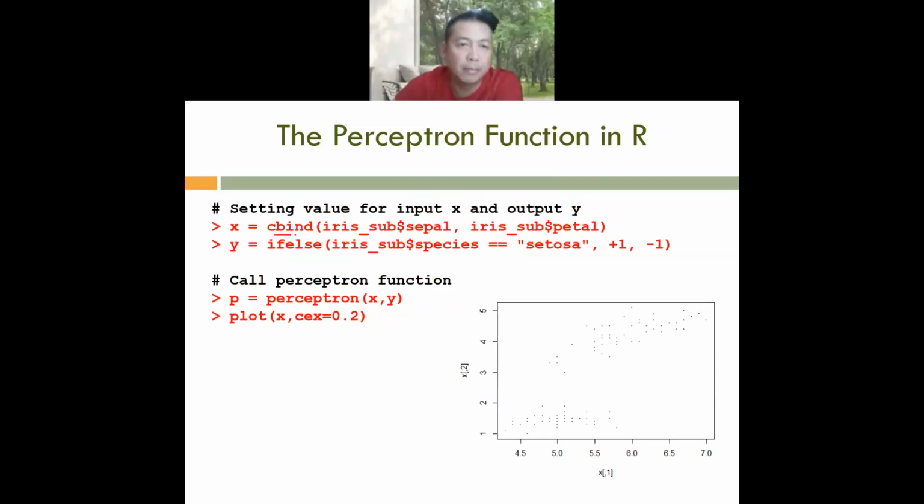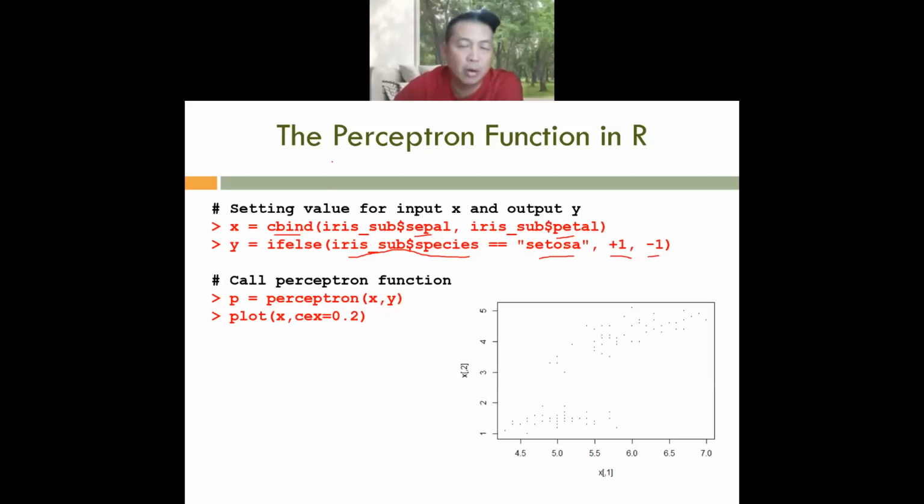Okay, over here we are combining the column between the sepal and also the petal here. So this is your X, this is your input, and your Y will be the classes. If they are the same as the Setosa, we put +1. If not the same, we put -1.